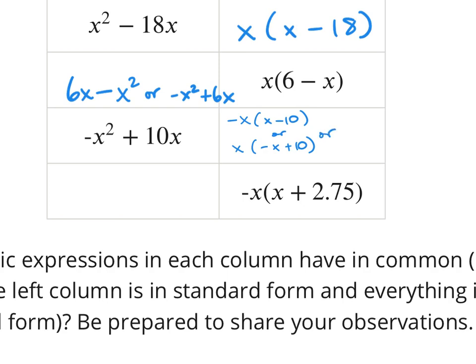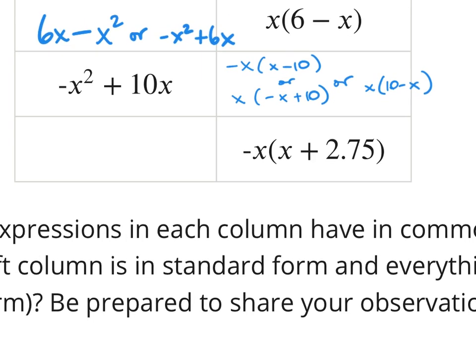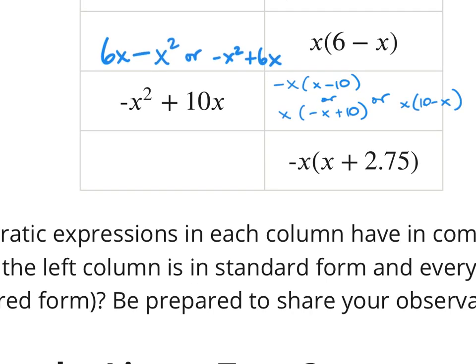Or you could even have it as x times 10 minus x. And then finally we have negative x times the sum of x and 2.75. So when we do that one, we end up with negative x squared minus 2.75x.